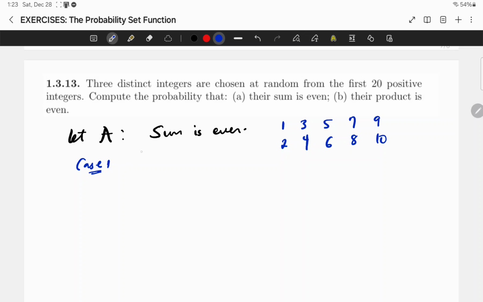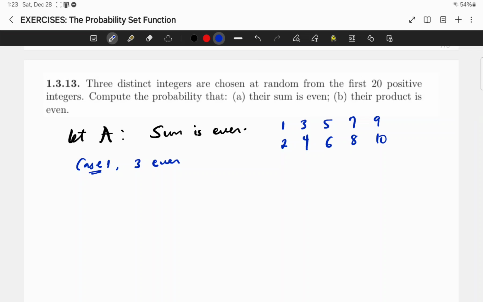So that means the three distinct integers are even. Let's just say 3 even. If we sum 3 even integers, then we are going to have a sum that will be even.